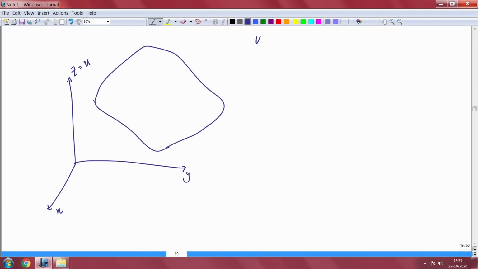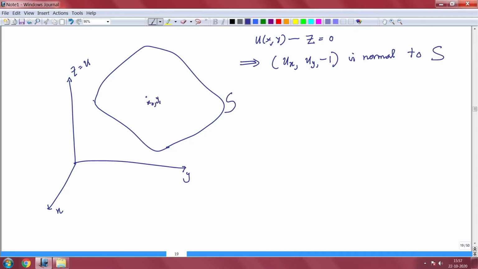So, z = u(x, y), that is u(x, y) minus z equal to 0, and that implies that (u_x, u_y, -1), which we will use throughout now, is the normal to the integral surface, let me call it S. If I fix a point (x0, y0, z0) on the surface, this gives you your normal, that is (u_x, u_y, -1).